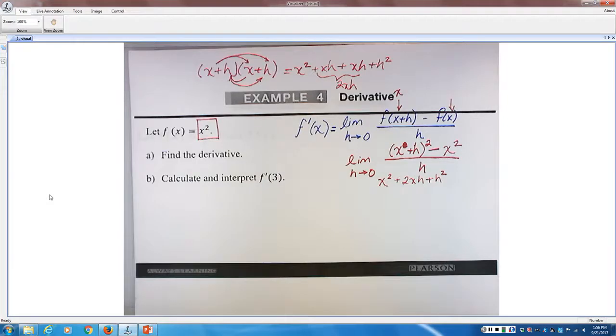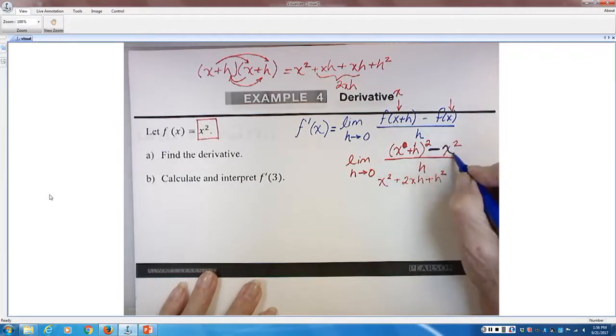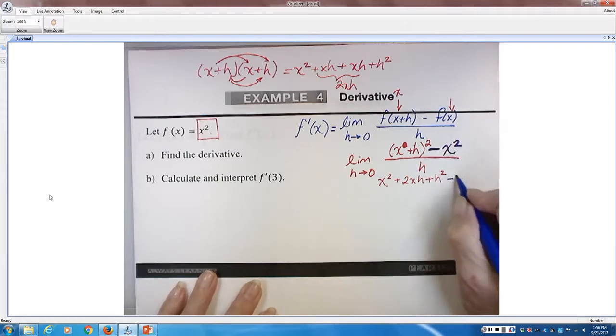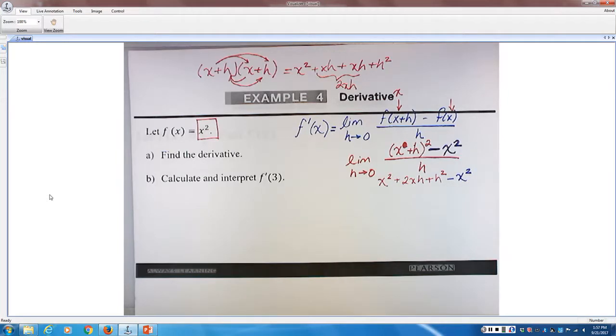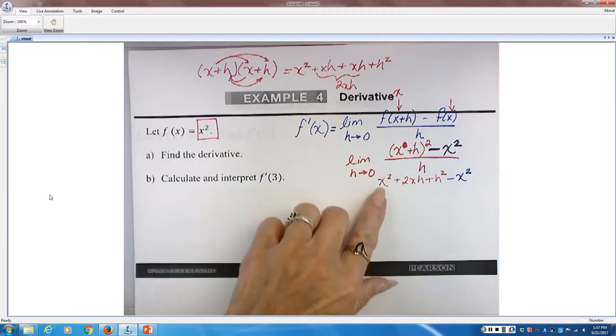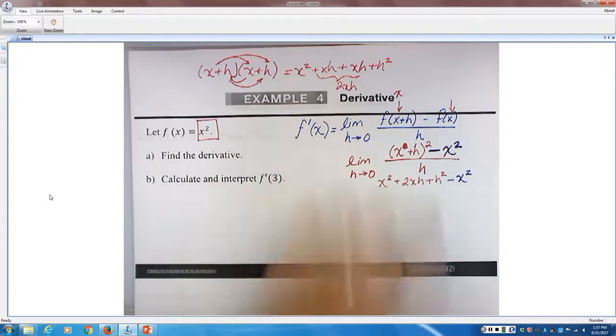So this is x plus h quantity squared. And from that, we are going to subtract x squared. Now, I can bring all this down, but basically this is always the limit, all the way to the bottom, and all of this is always going to be divided by h.